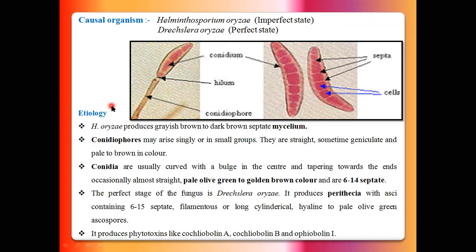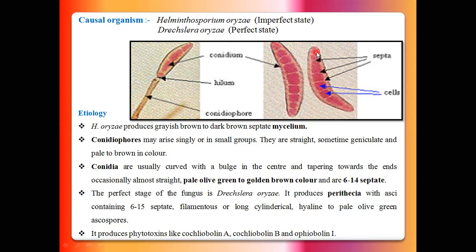But regarding Helminthosporium oryzae, this fungus also reproduces by the asexual method and develops conidia. This conidia has several septa. This septa may be 6 to 14 in number. So 6 to 14 septa are seen within a single conidia.